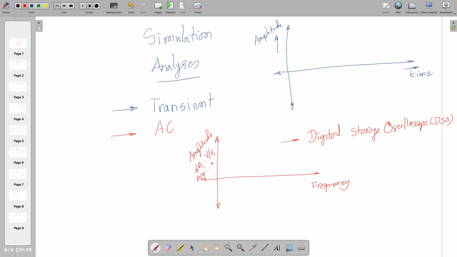It doesn't matter. It might be a ratio, it might be just volt, just ampere, just power, whatever quantity you want. With respect to frequency, you have to follow AC analysis.